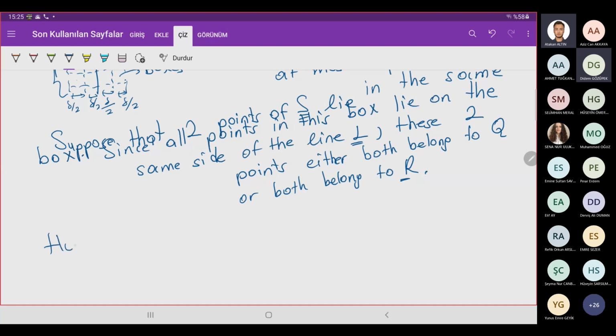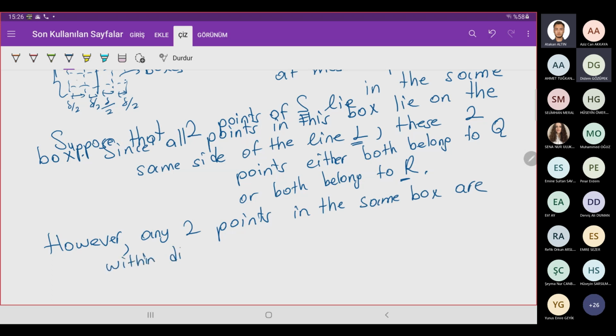However, any 2 points in the same box are within distance delta square root of 2 over 2, and that is less than delta.